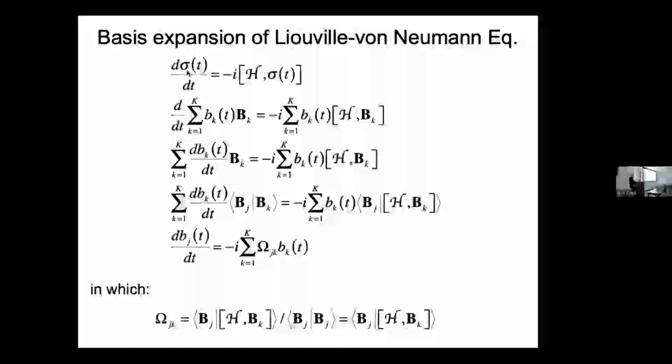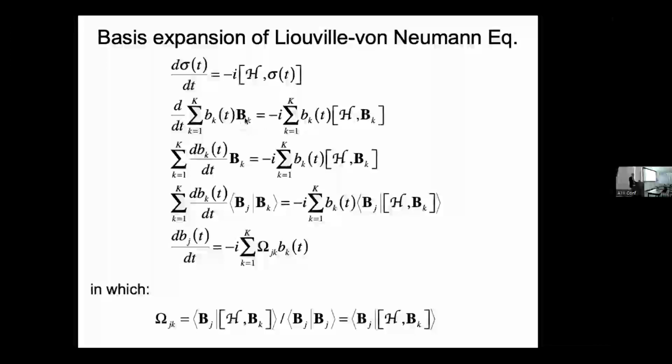So here I've substituted in for sigma of t the sum of the b_k's, the coefficients times the operators. And I've done the same thing over here, but summation commutes with commutator, so I can pull the summation out, and the numbers always commute with the operator, so I can pull out the numbers.